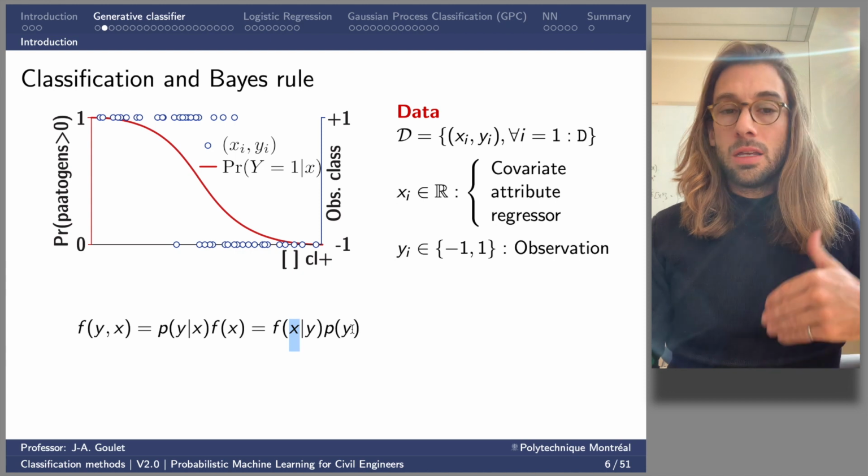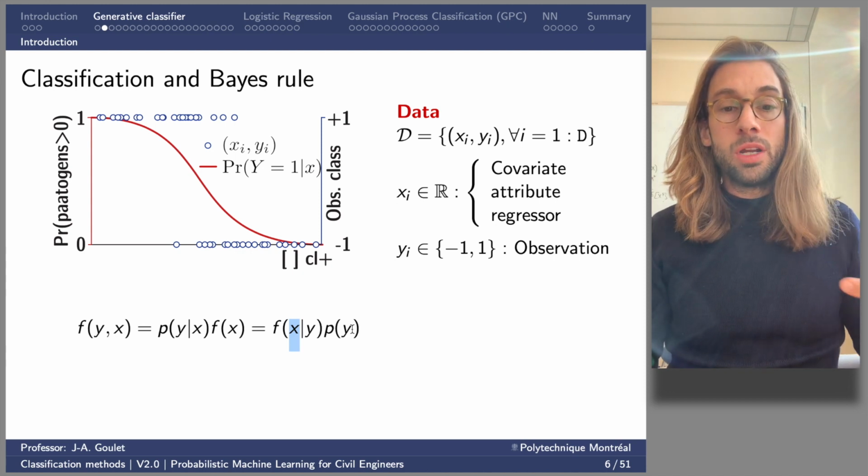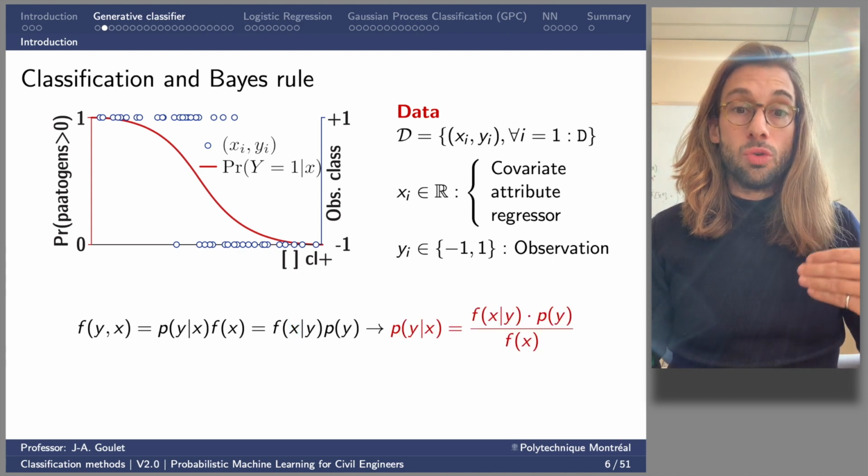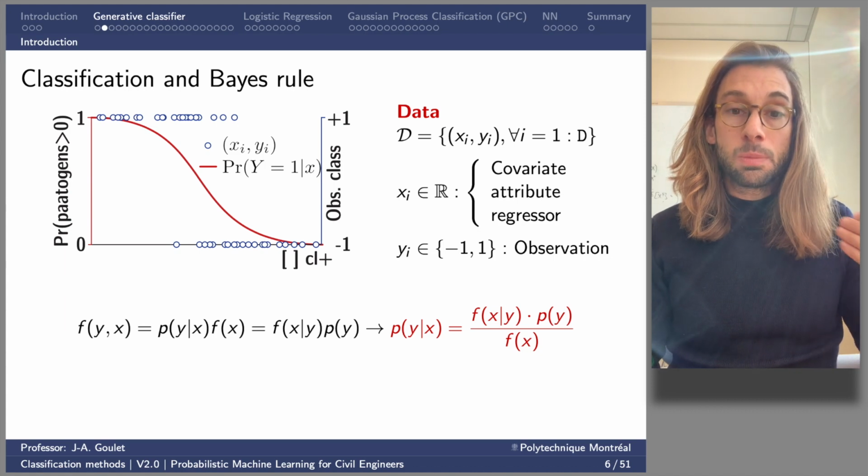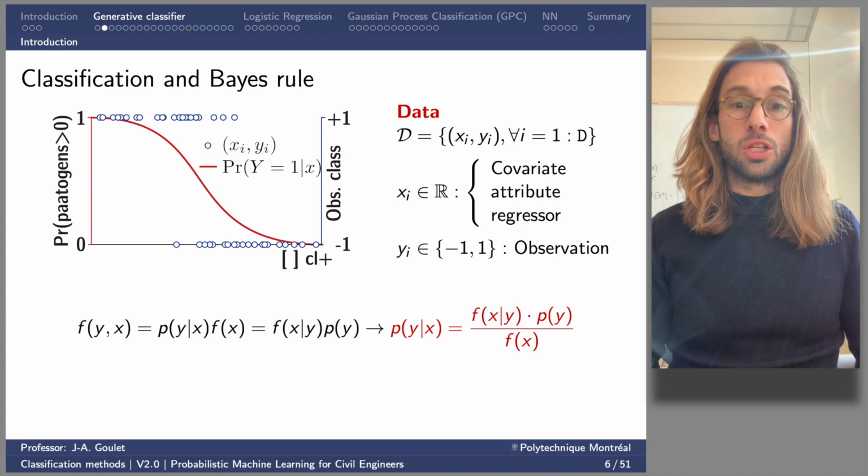Then I think you see where I want to go. If we reorganize these terms, we're going to get, through Bayes' rule, an explicit description of such conditional probability.